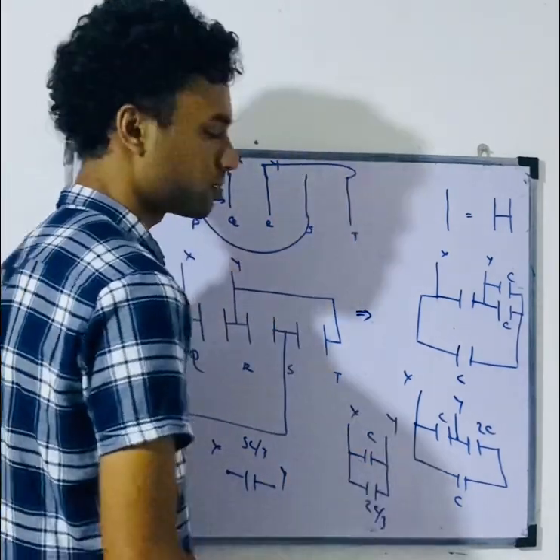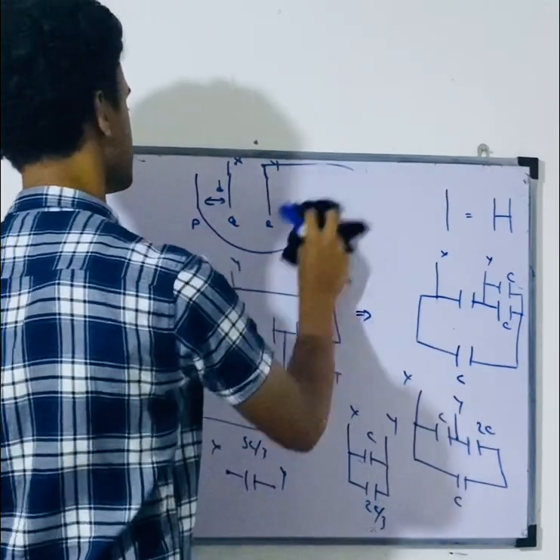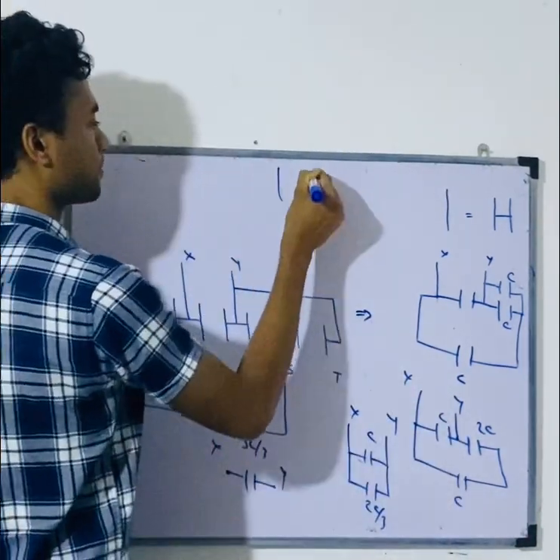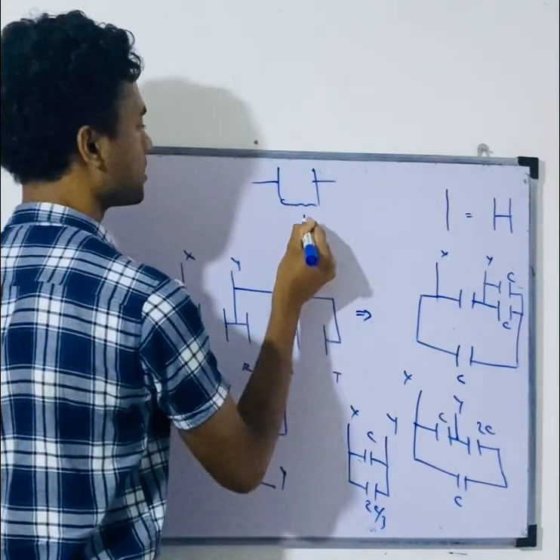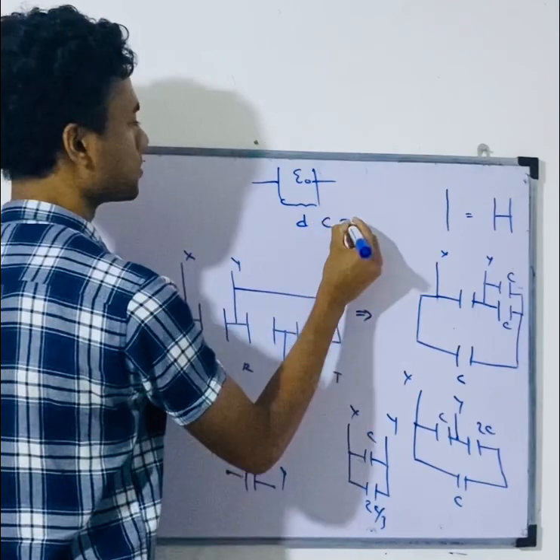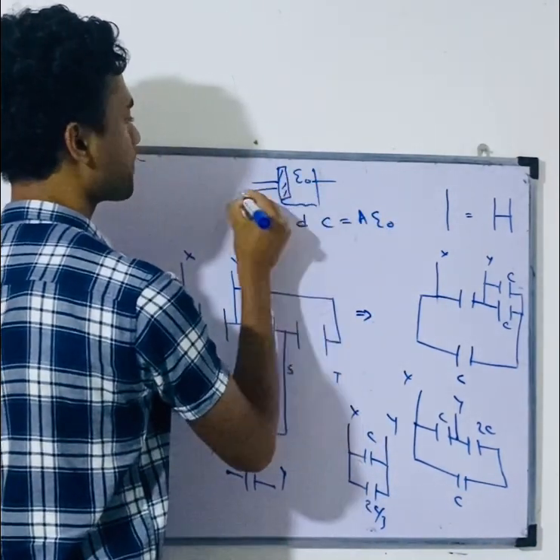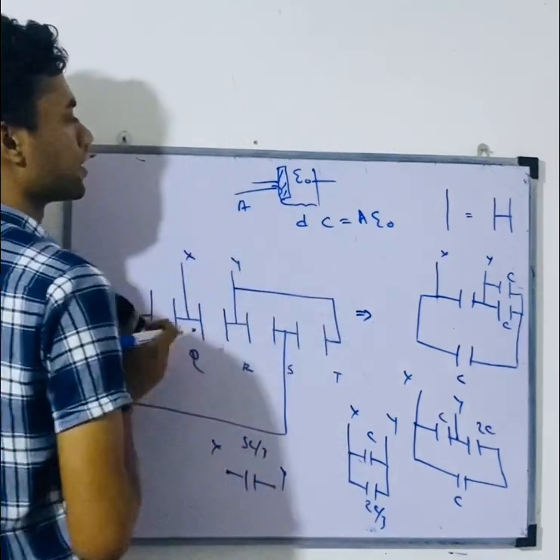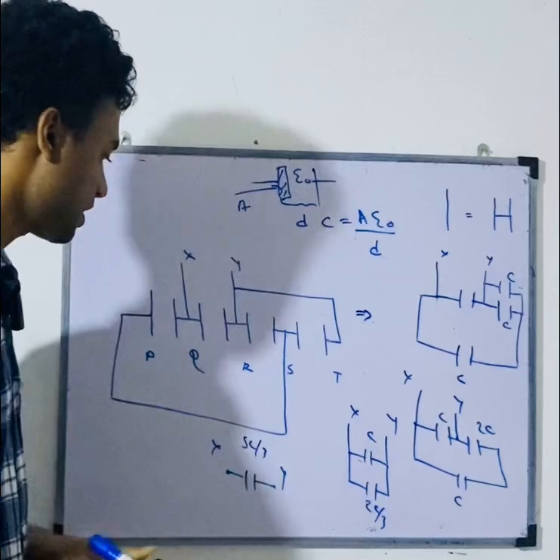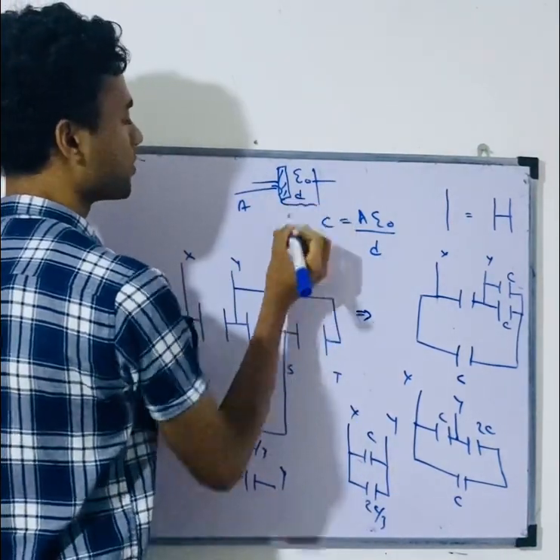You know, capacitance can be written like this. Now I erased some of the diagrams. If I have two plates like this, and the gap is D, and the permittivity is epsilon naught, I can say C is equal to A epsilon naught, where A is the surface area, divided by D. So here I have 5C over 3.